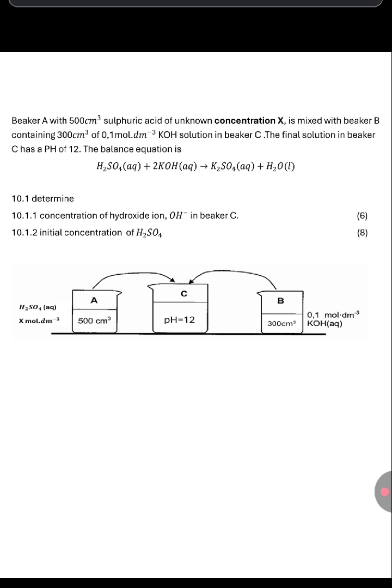Okay, right. So what are we going to do? We're going to use limiting reagent.